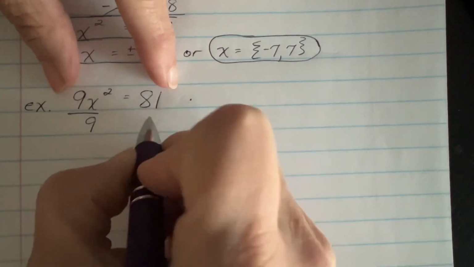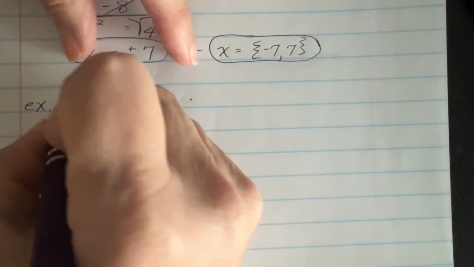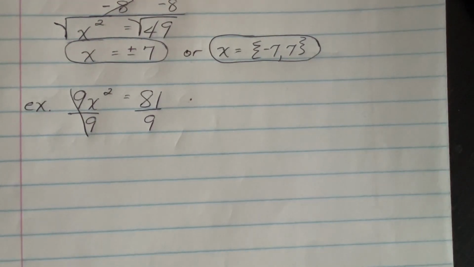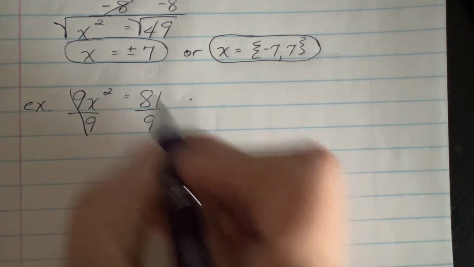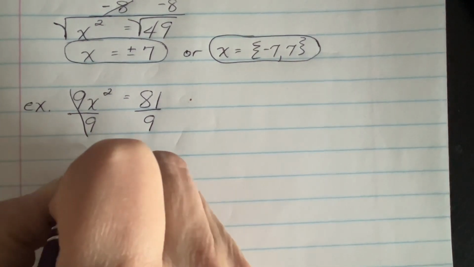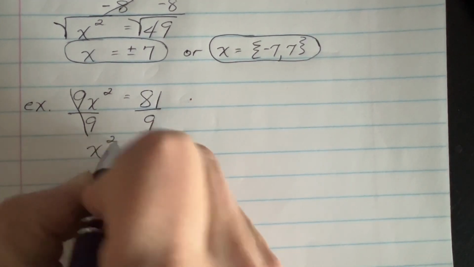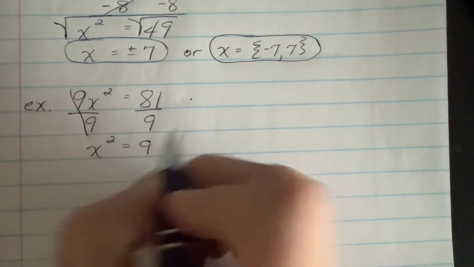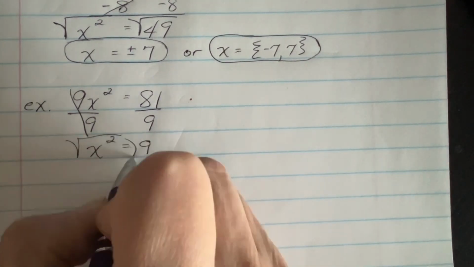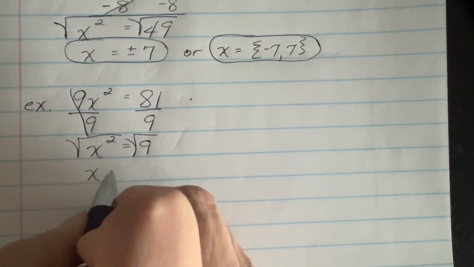I can isolate x squared further, which basically the square root method is always isolate x squared and see if there is the potential there to take an easy square root. Alrighty, so 81 divided by 9 is 9, and x squared equals 9, and the square root of 9 is plus or minus 3.